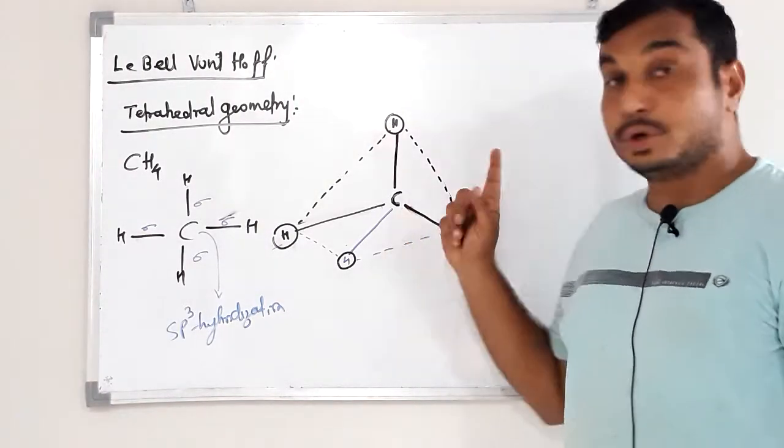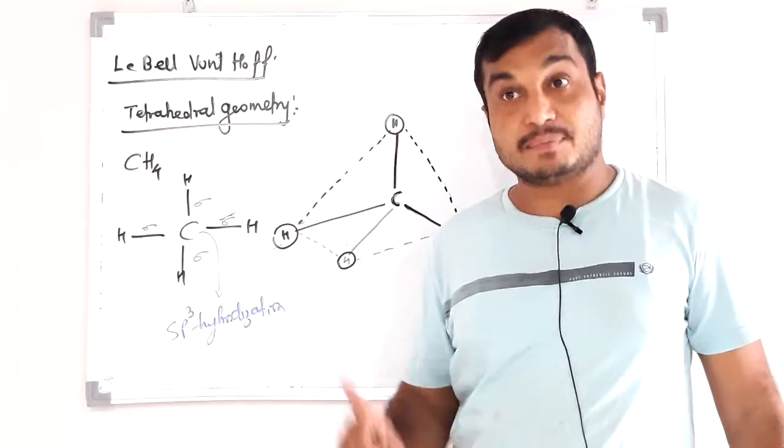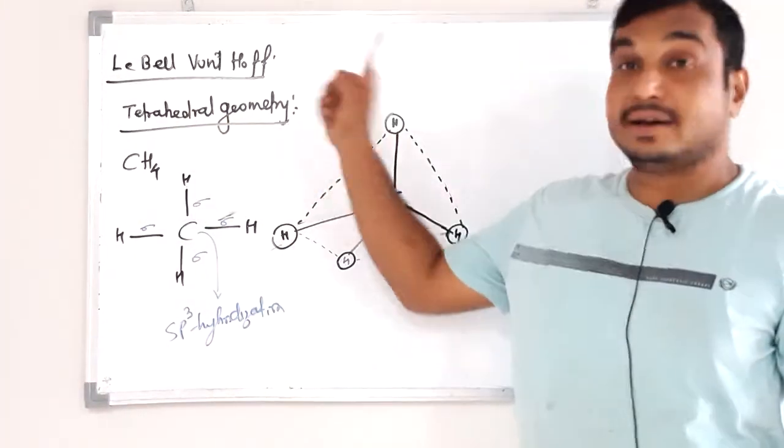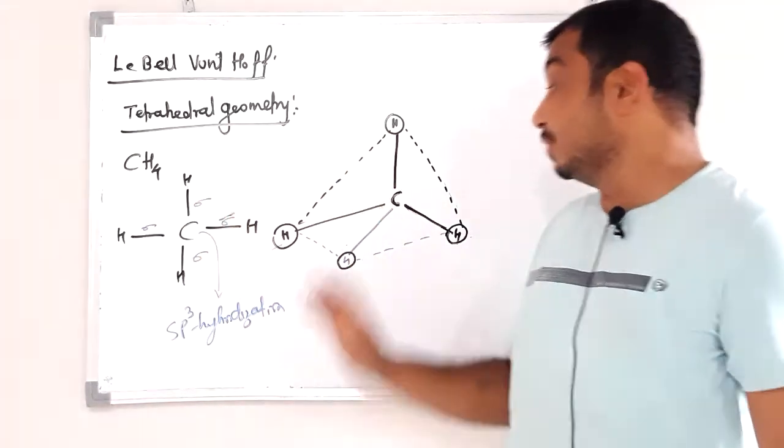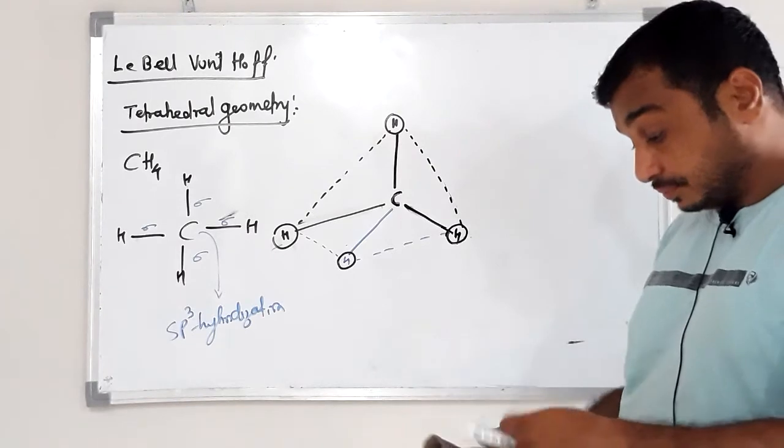Whenever the carbon forms 4 sigma bonds, in the sp3 hybridized state, that carbon has tetrahedral geometry. This is the meaning of tetrahedral geometry.